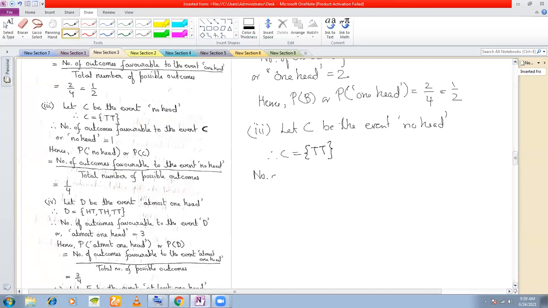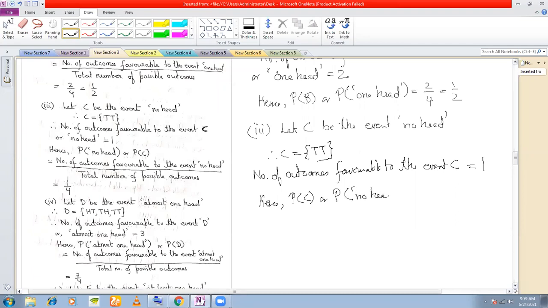So the number of outcomes favorable to the event C is equal to, how many events are there? Only one. Hence, P(C), or P(no head), is equal to 1 by 4.